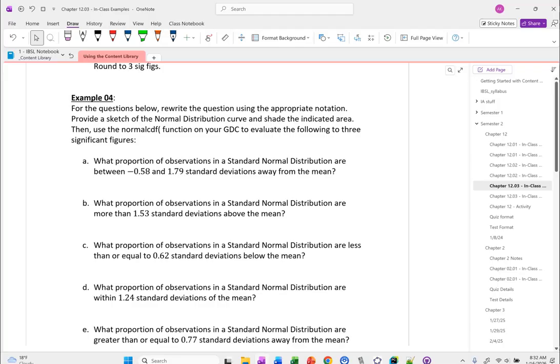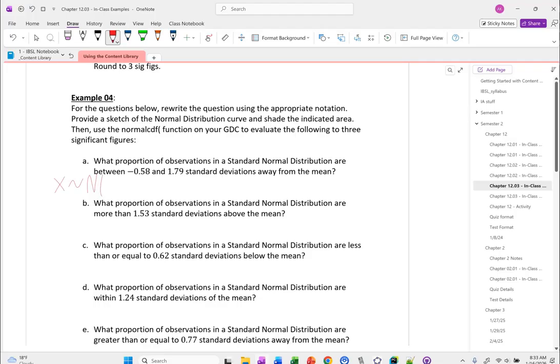Is this like the 65, 95, 99? No, you would not be able to use that here. So the first thing you want to do is write the distribution. We're told it's standard normal. So we know X is normal, and then what does standard normal mean?